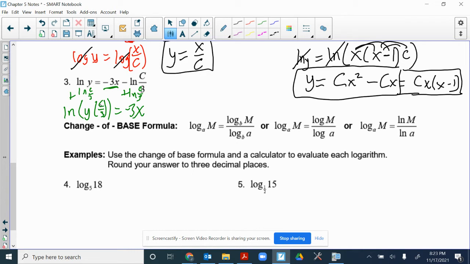Well, we need to get y out of the natural log. And remember, natural log is base e. So if I rewrite this as an exponential, so it would be e, remember base e here, to the negative 3x power equals what's inside of the log, which I'm going to leave like this, how I have it. So e to the negative 3x equals y times c over 3.